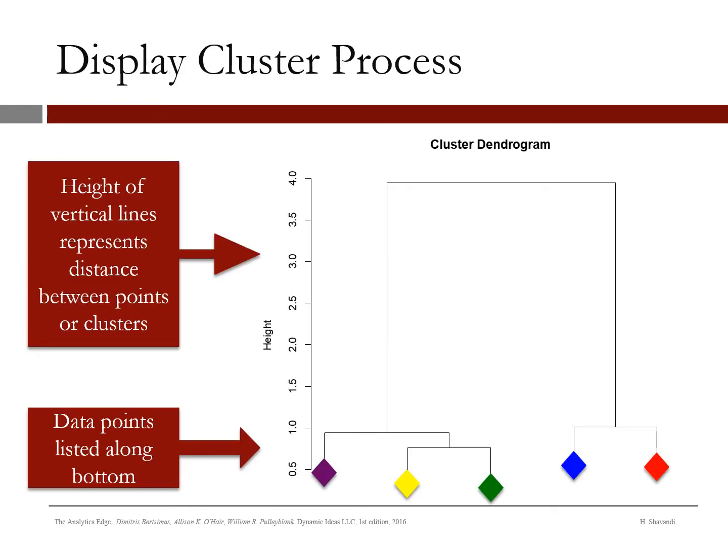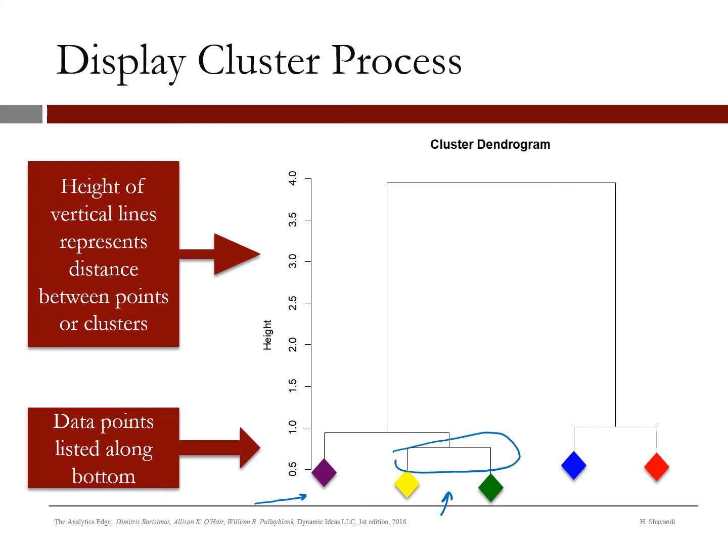After completing the process of clustering, we can display the clustering process by a dendrogram. To do so, first we list the data points at the bottom. As you see here, we have 5 data points in different colors. Then we can see how clustering has been applied. For example, these 2 data points are clustered first, right?